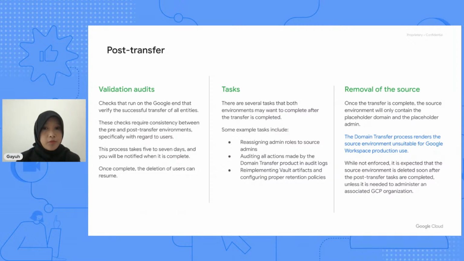Please note that the domain transfer process renders the source environment unsuitable for Google Workspace production use. While not at first, it is expected for the source to be deleted soon once the post-transfer audit is completed, unless it is needed to administer an associated Google Cloud Platform organization.